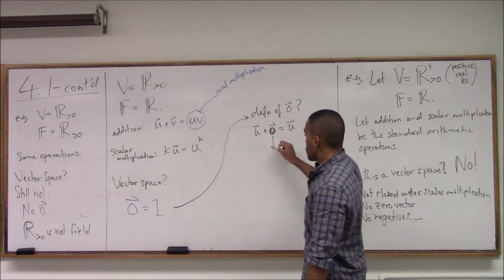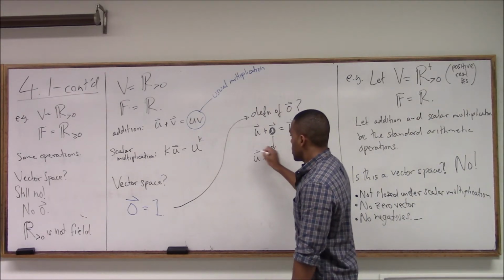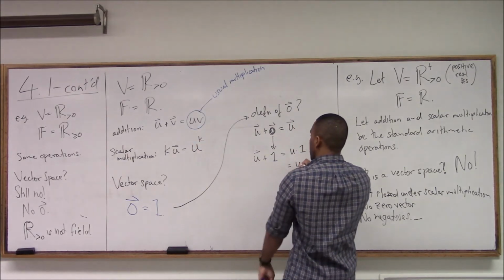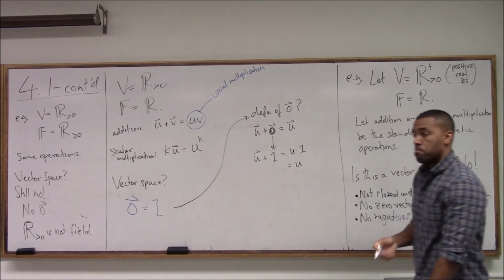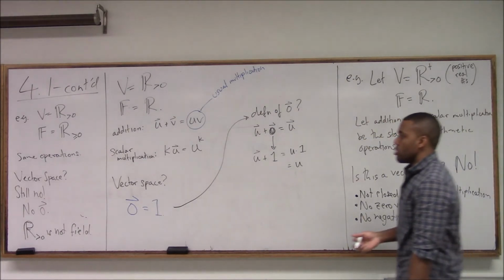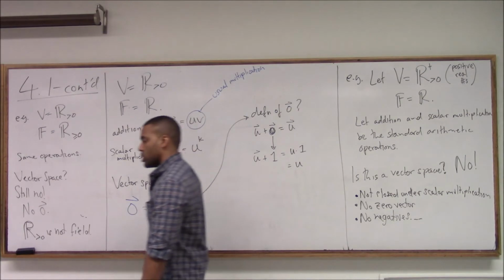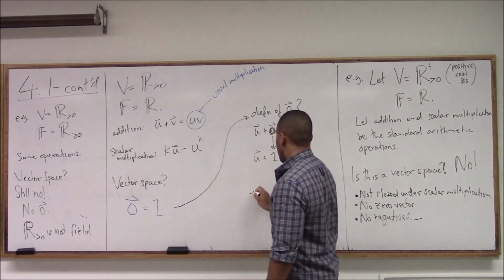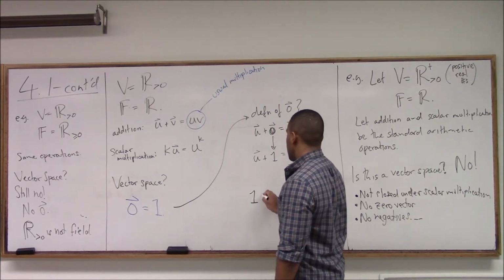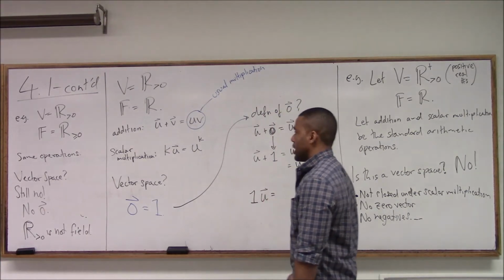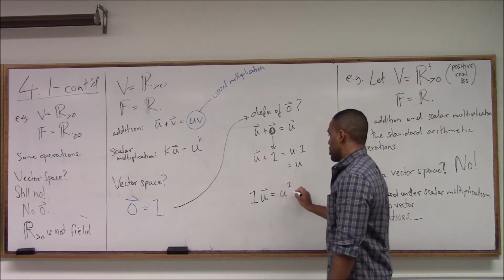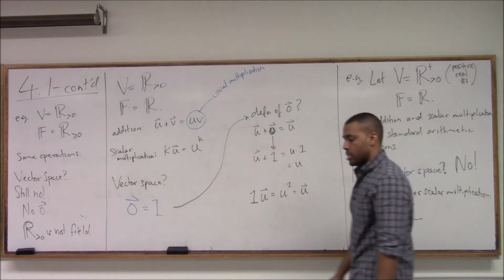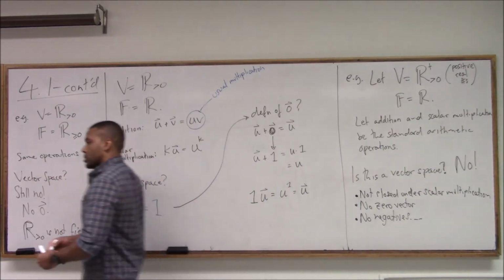So if I replace this with the number 1, by definition that gives me U times 1, which is regular multiplication, so I get U back. So the number 1 actually satisfies the function of 0. Also, if I take 1 times U, I get U to the 1, which is again U. So axiom number 10 in the vector space axioms is also satisfied. So yes, I do have a 0.